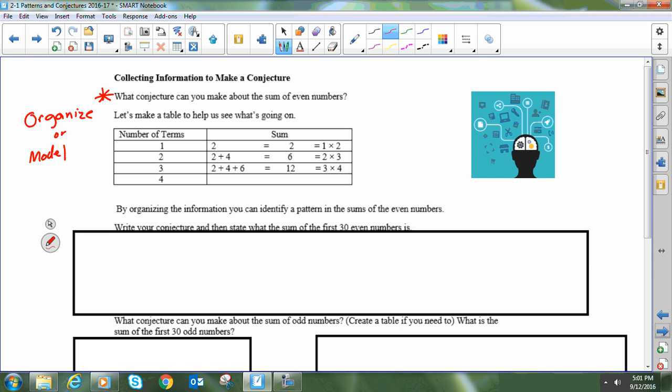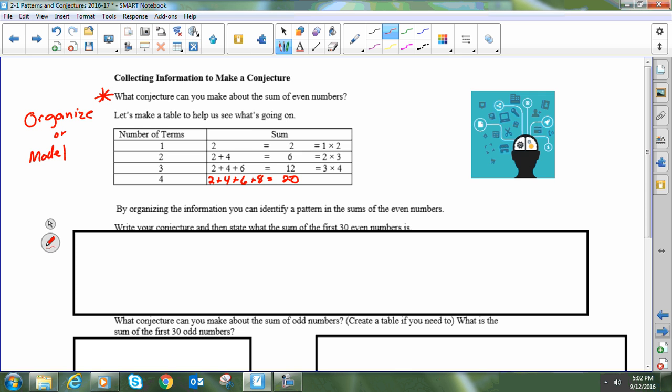That would be the sum of the first 2 even numbers, which gives me a 6. And looking at the next one, I would say 2 plus 4 plus 6, the next even number, and I get 12. Next, 2 plus 4 plus 6 plus 8, and that would give me overall 20.